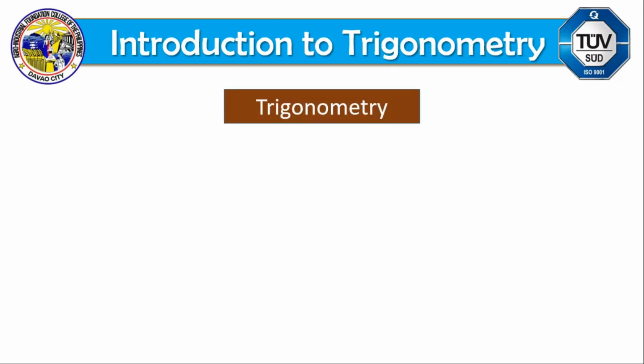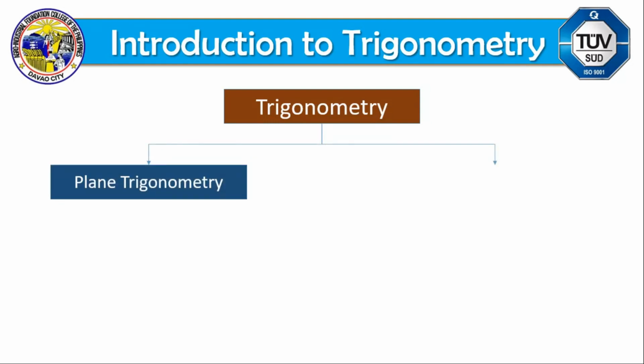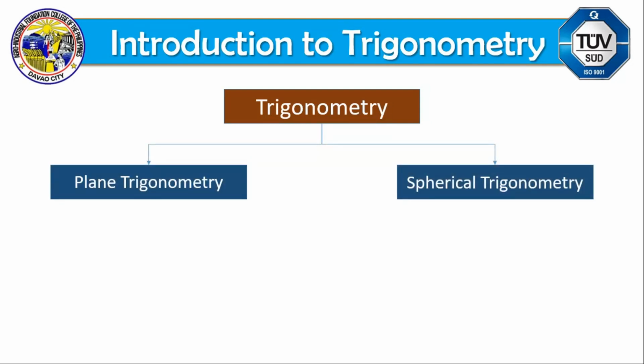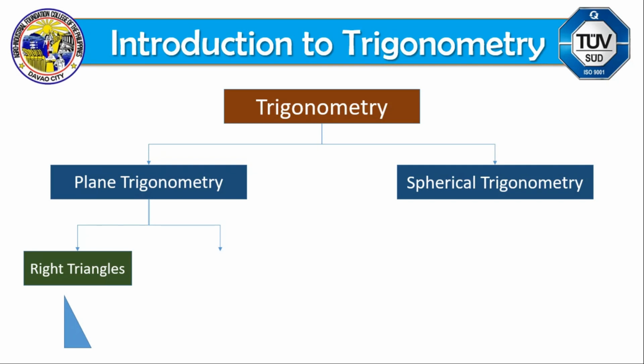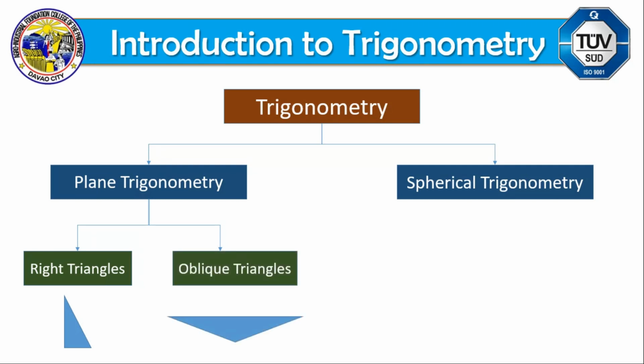Now, trigonometry is divided into two major types: plane trigonometry and spherical trigonometry. Plane trigonometry has two branches: one involving right triangles, and the second about oblique triangles or obtuse triangles.